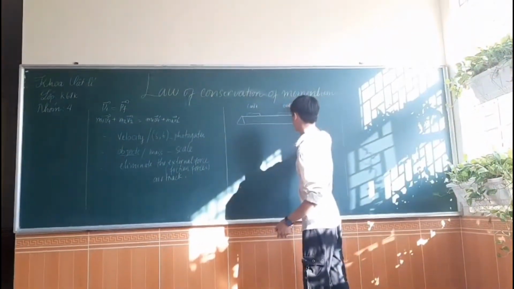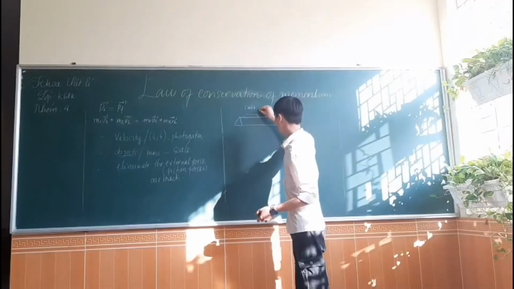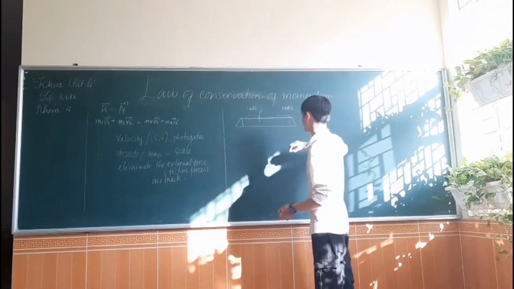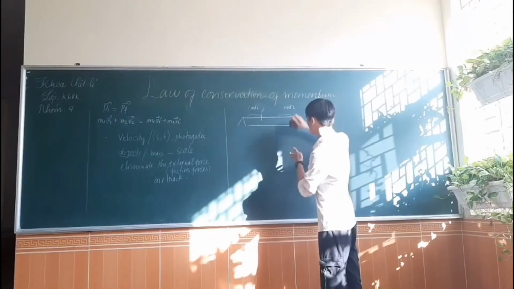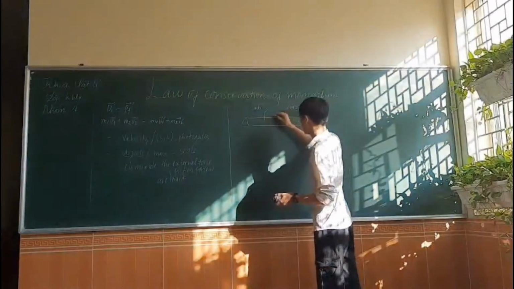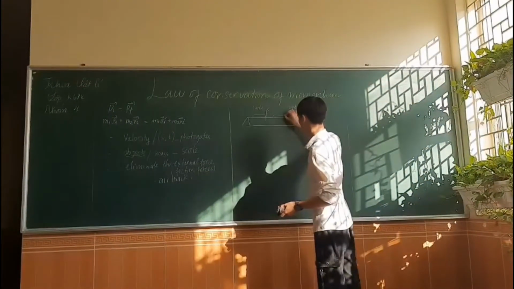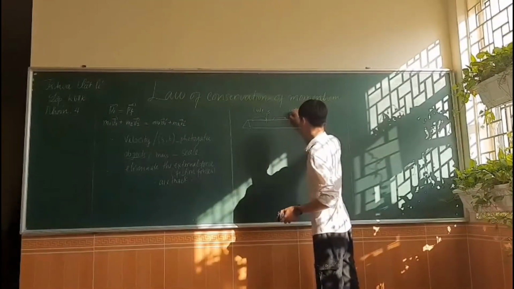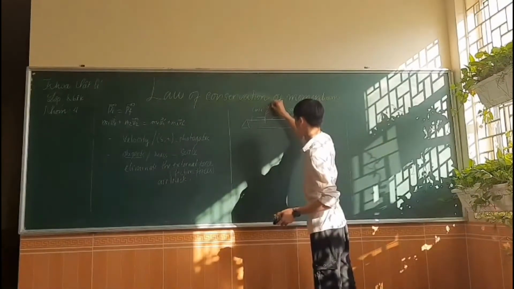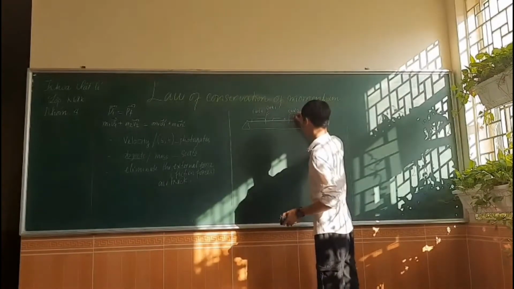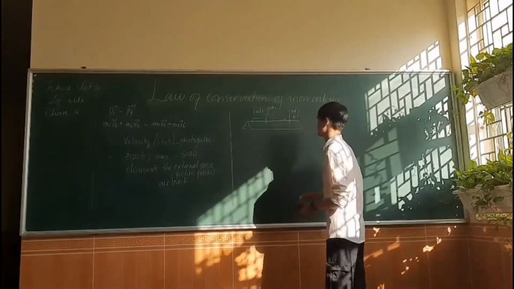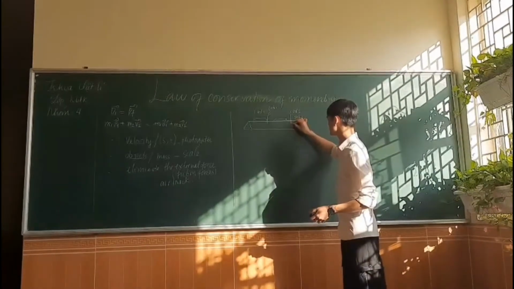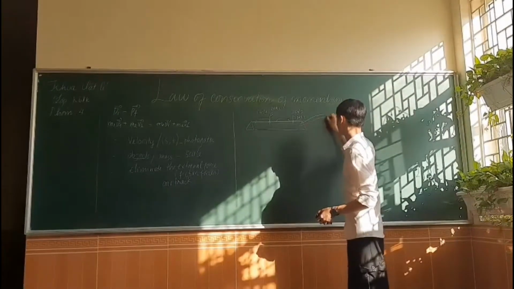We have two photogates. Car 1 goes like this, and photogate 2, this one, and gate 2. Now, this will connect to this digital timer.